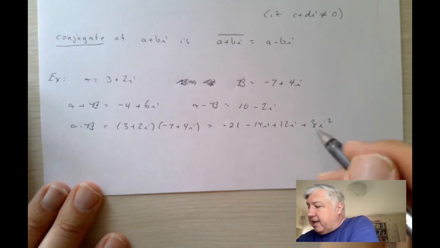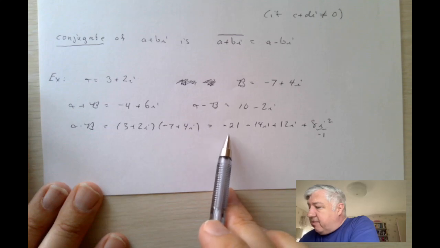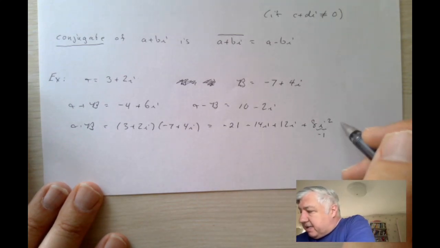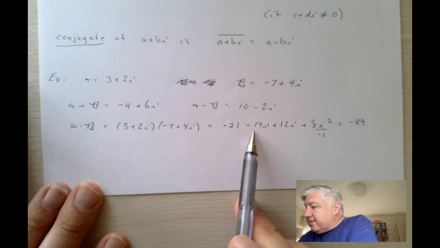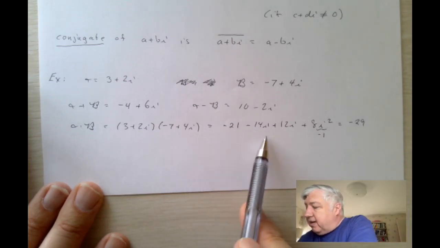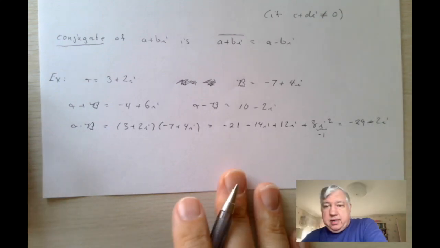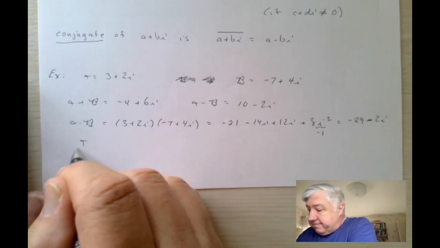Okay, and of course i squared is -1. So this is -21 minus 8, so this would be -29. And then this would be -14i plus 12i, so that would be minus 2i. Okay. And then you can divide this if you want.